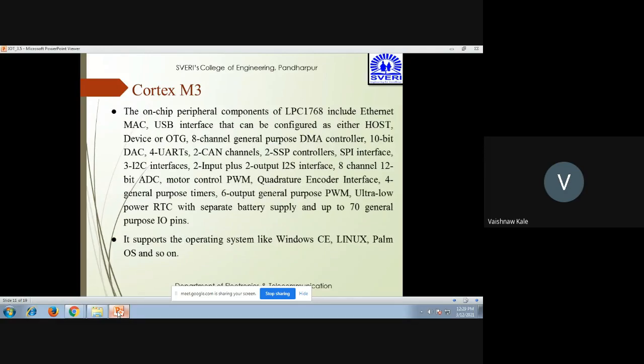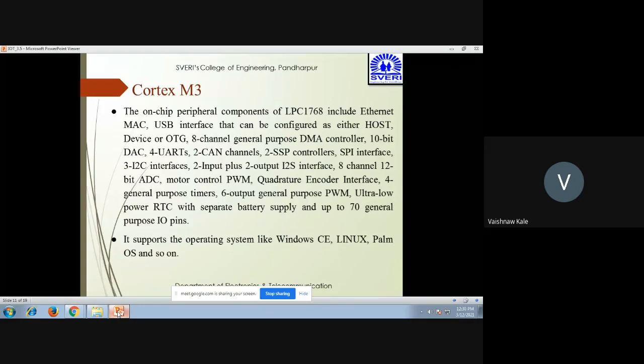Then the Cortex M3's on-chip peripheral components include Ethernet. It has an Ethernet MAC, a USB interface that can be configured as either host, device or OTG, an 8-channel general purpose DMA controller, 10-bit DAC, 4 UARTs, 2 CAN channels, 2 SSP controllers, SPI interface, 3 I2C interfaces, 2 input plus 2 output I2S interface, 8-channel 12-bit ADC, motor control pulse width modulation, quadrature encoder interface, 4 general purpose timers, 6 output general purpose PWM, ultra low power RTC with separate battery supply, and up to 70 general purpose input output pins.